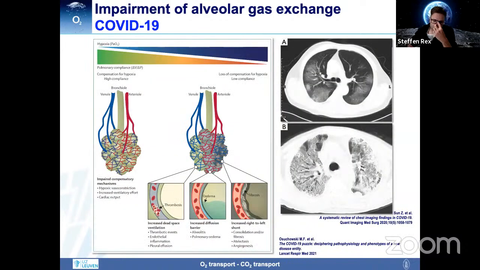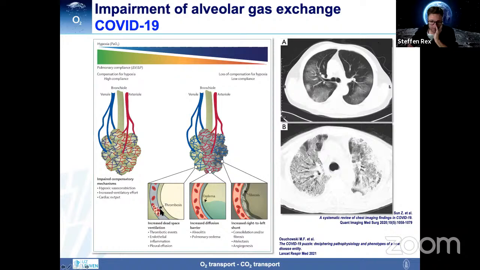Again, this also holds true in COVID-19, where you have different phenomena next to each other. You all know that COVID-19 is associated with a high degree of intravascular thrombosis, also in the pulmonary microcirculation.